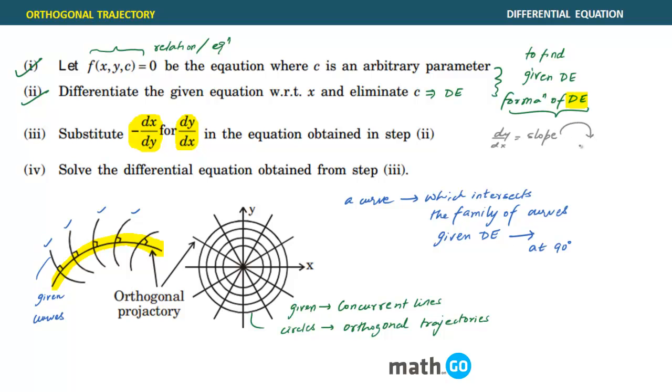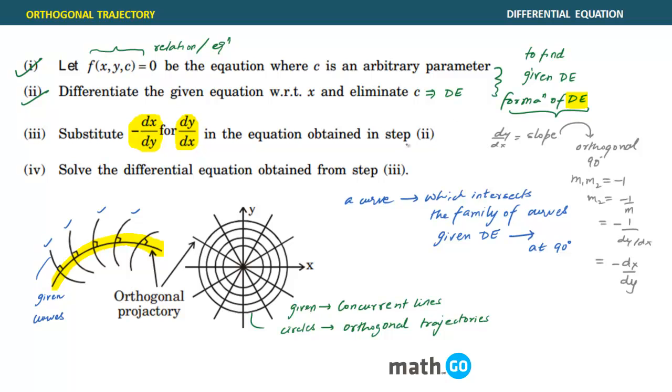For orthogonal, meaning they are at 90 degrees, the slope relation would be m1 m2 equal to minus 1, so the slope of the other would be minus 1 by m, which is minus 1 by dy by dx, that is, minus dx by dy. That is why you have to replace it by minus dx by dy.